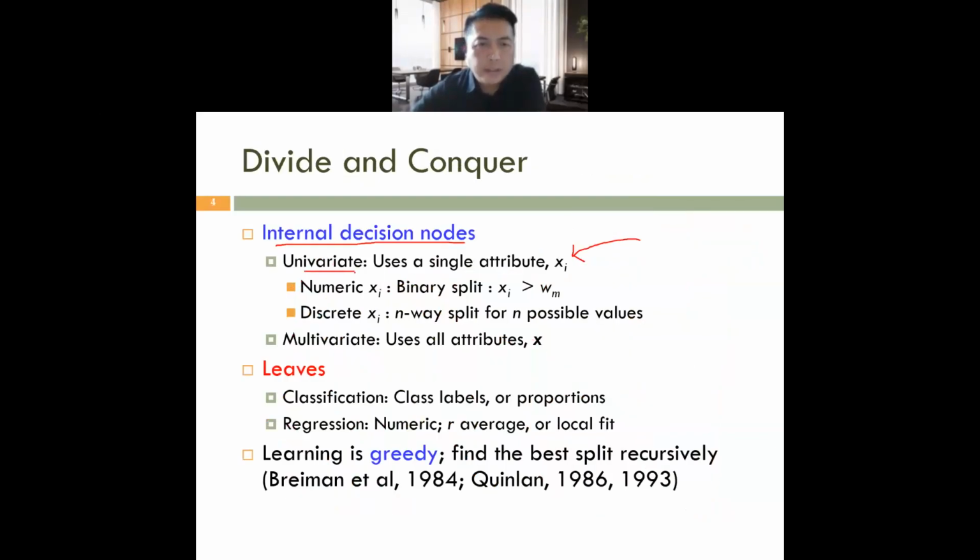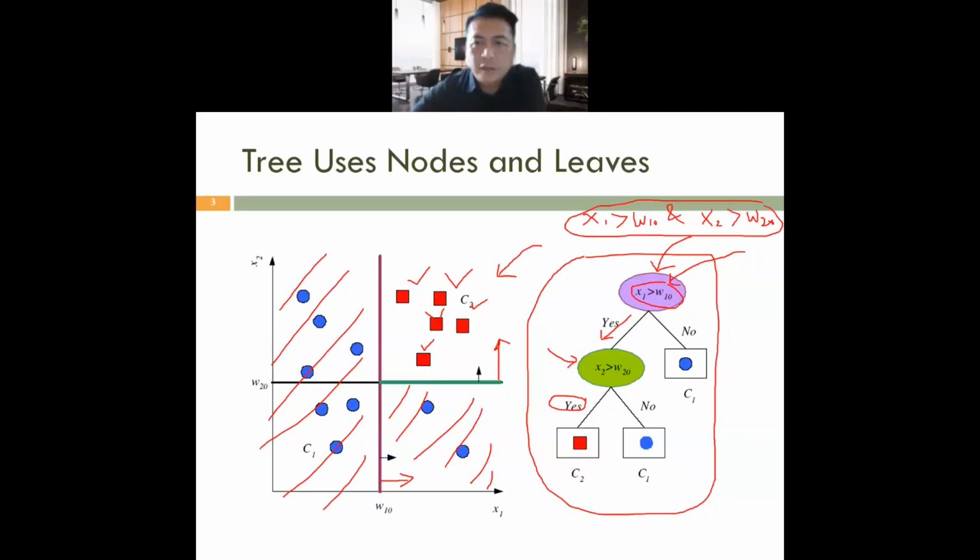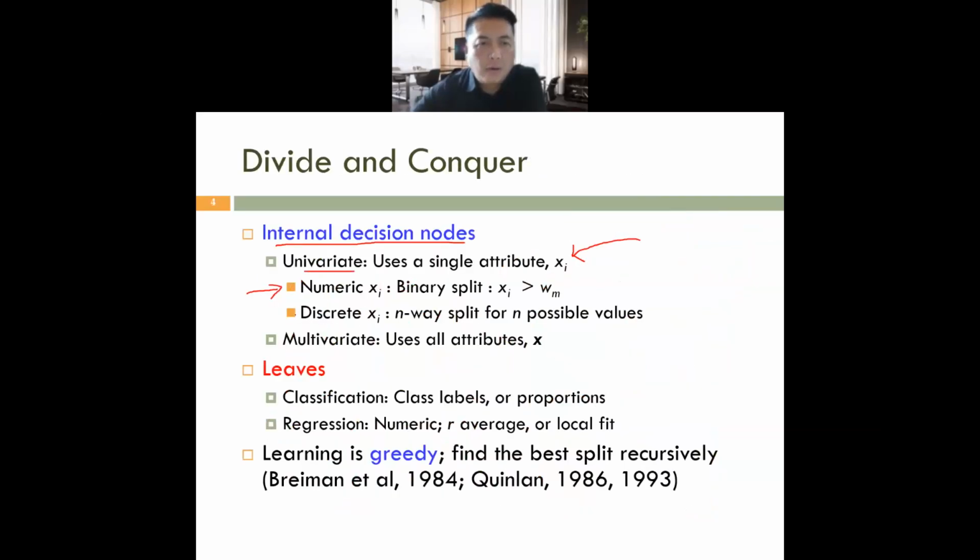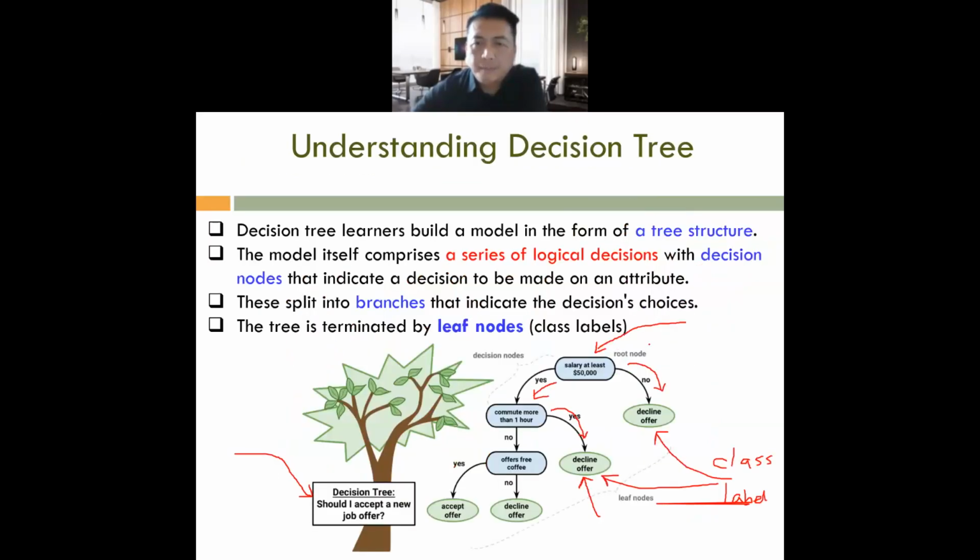So for the univariate, you could have a numerical value, or a discrete value. So this discrete value is something like yes and no. Okay, so for this one, we have two unique values, yes and no. So we have two branches going out from the root node.